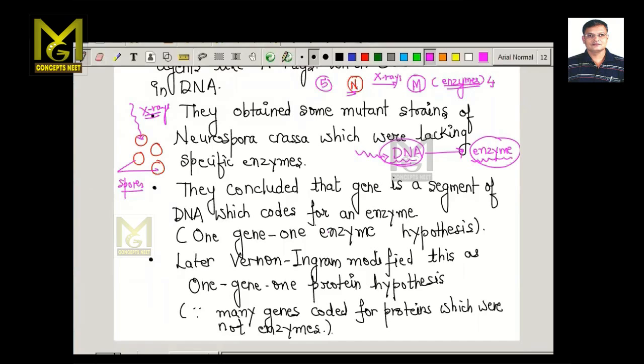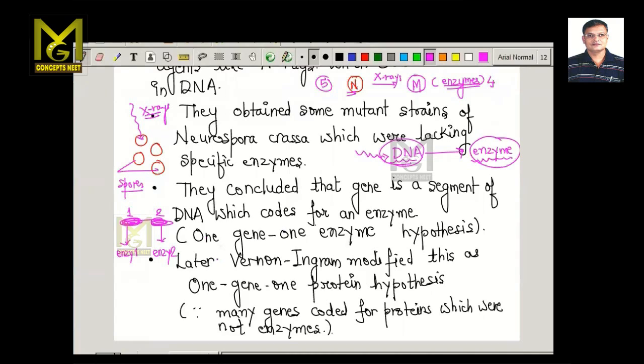So based on this, it was hypothesized that one gene gives one enzyme hypothesis. The meaning of this is a part of a DNA is called a gene. If this is the first gene and this is the second gene, this gene is going to give rise to one enzyme, and this gene is going to give rise to a second enzyme.